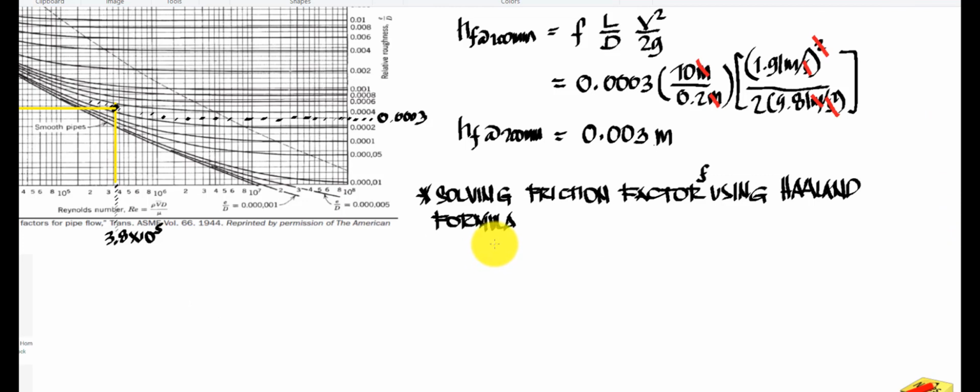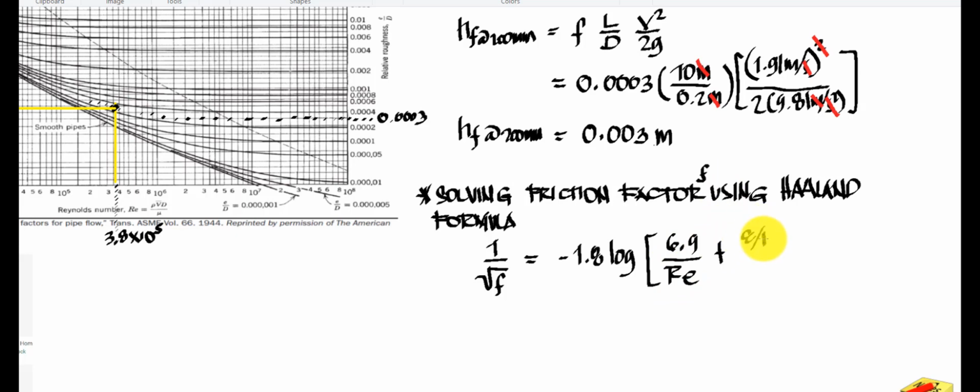It is 1 over the square root of F equals negative 1.8 times the logarithm of the bracket: 6.9 divided by the Reynolds number Re, plus the relative roughness ratio divided by 3.7, all raised to the power 1.11.